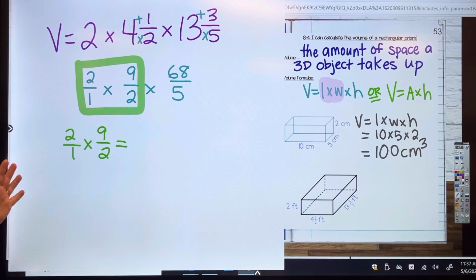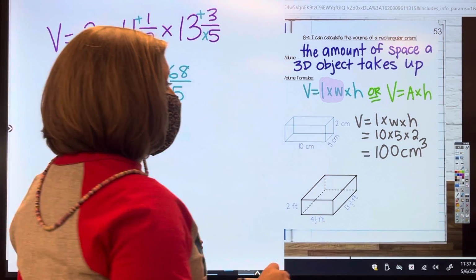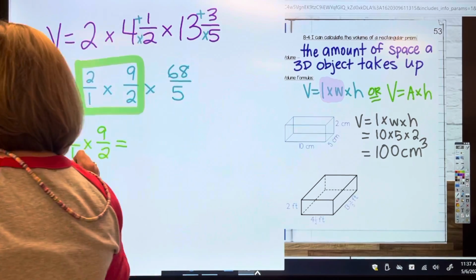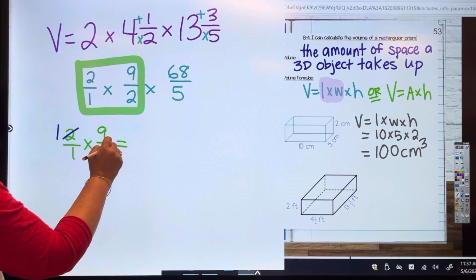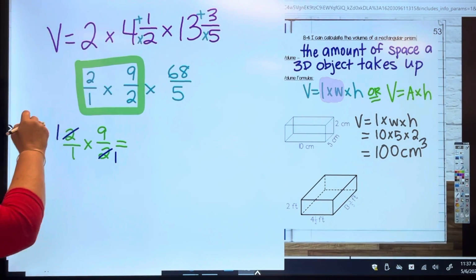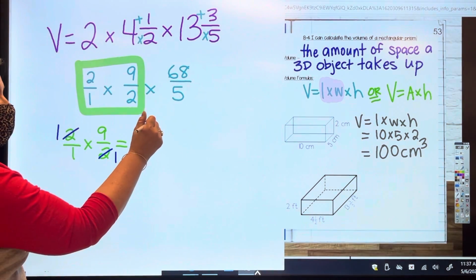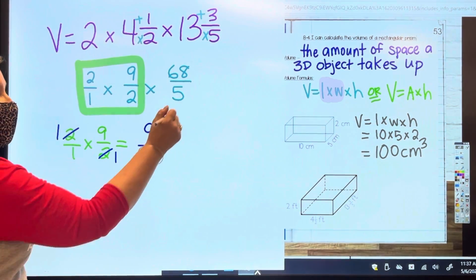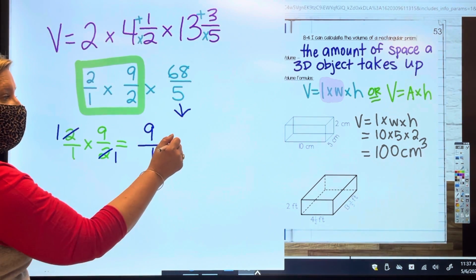Can I simplify before I multiply? Yes. What can I simplify? 2 will go into 2 one time. Way easier, right? 1 times 9 is 9. 1 times 1 is 1. And we cannot forget that we still have to do what?